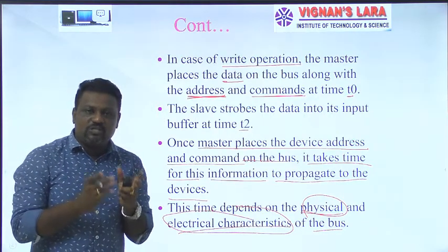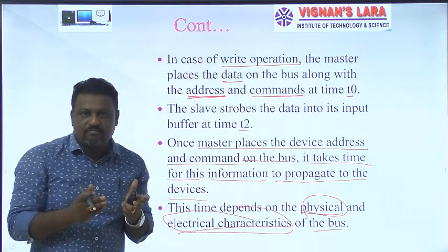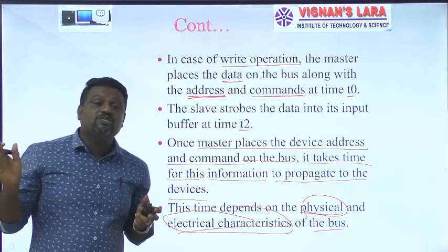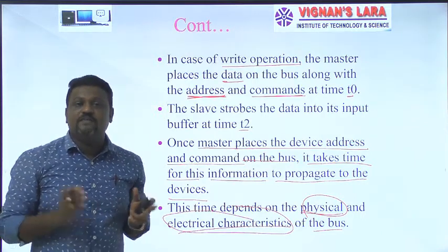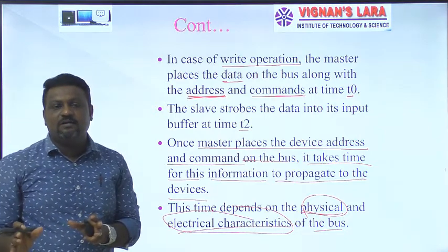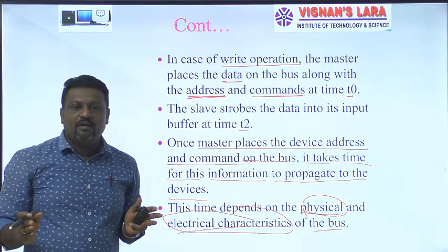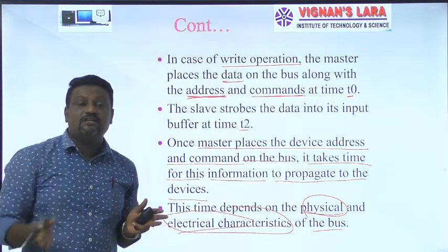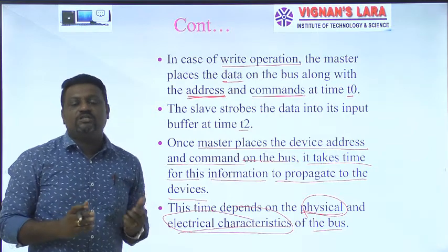Once your CPU or master generates these two signals, they are received by the slaves. It takes time because these signals are carried over the bus and the distances between the devices are not the same. All devices receive the address as well as the control signal. It takes time; the propagation delay plays a vital role.